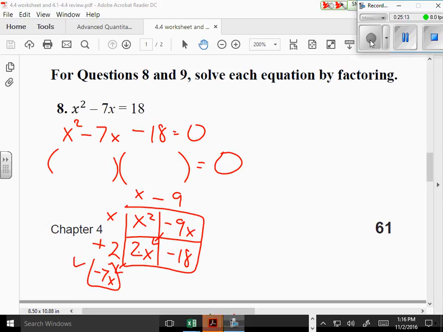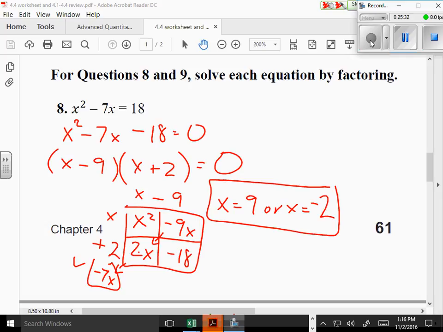So that means this factored into x minus 9 and x plus 2. So x must be 9 or x is negative 2. Take them apart, set them equal to 0 each, and then solve for x.